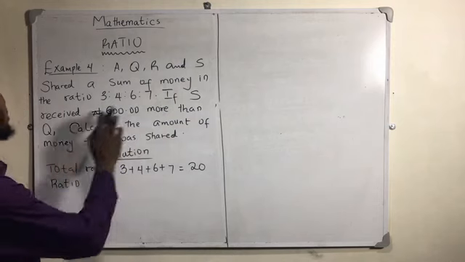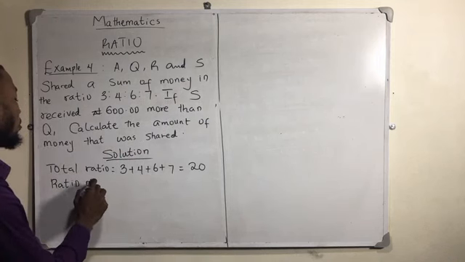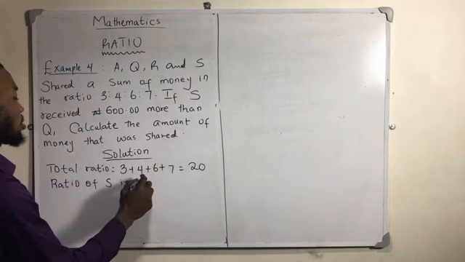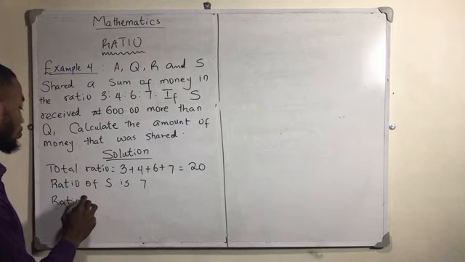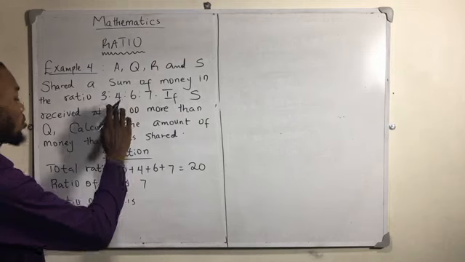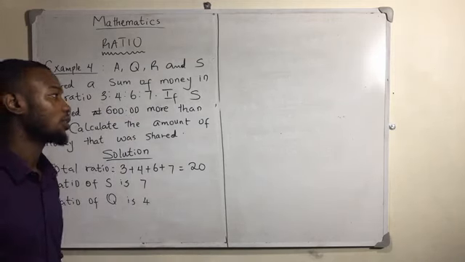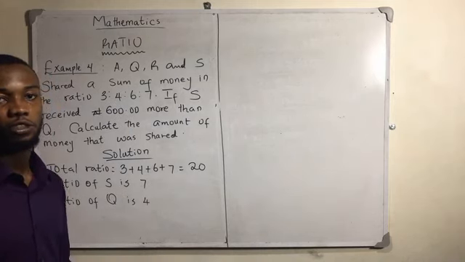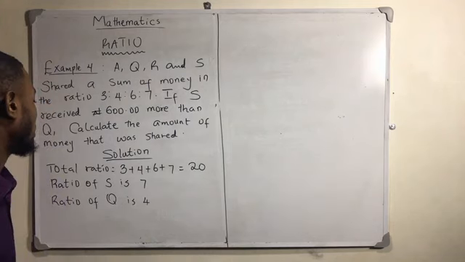If S receives 600 more, the ratio of S in the question is 7. Then the ratio of Q is 4. Now anytime you come across this question, if one is receiving more than the other one, it means you are going to be subtracting. Then when they say less, it means you are going to be adding.